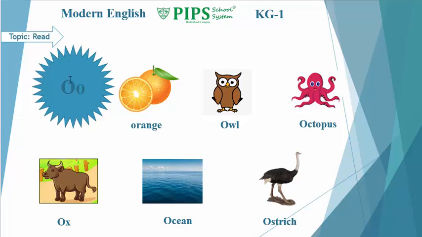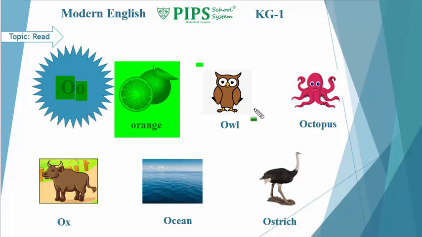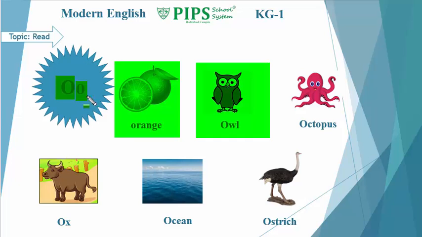The next letter is O. This is a capital letter O and this is a lowercase letter o. Sounds like O. Let's learn which things begin with the letter O. Orange. Owl.